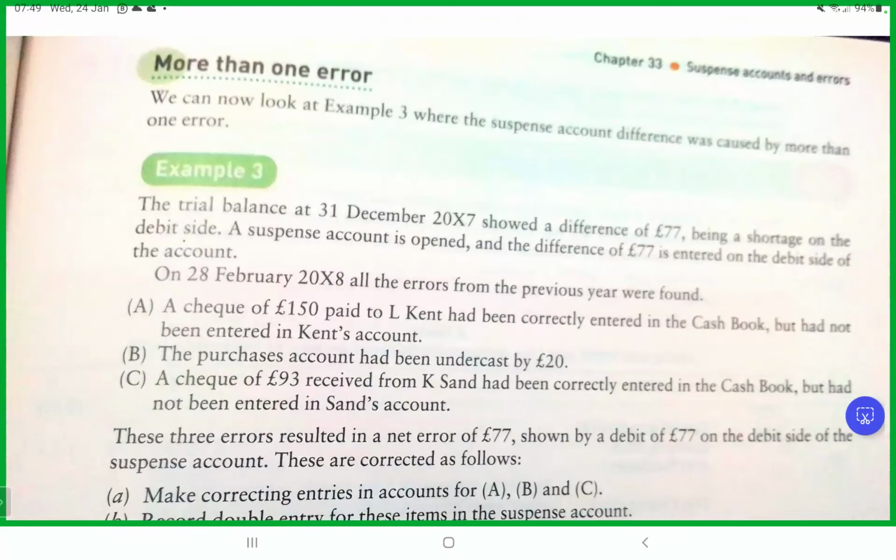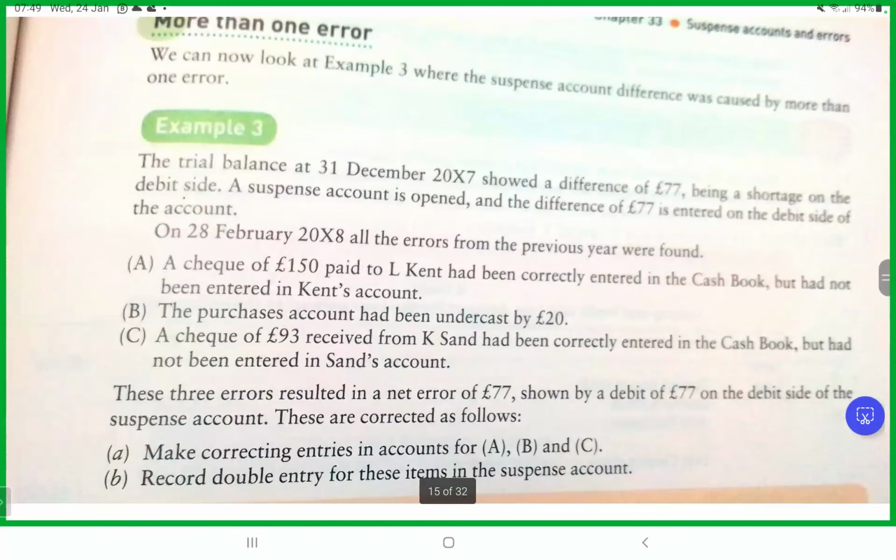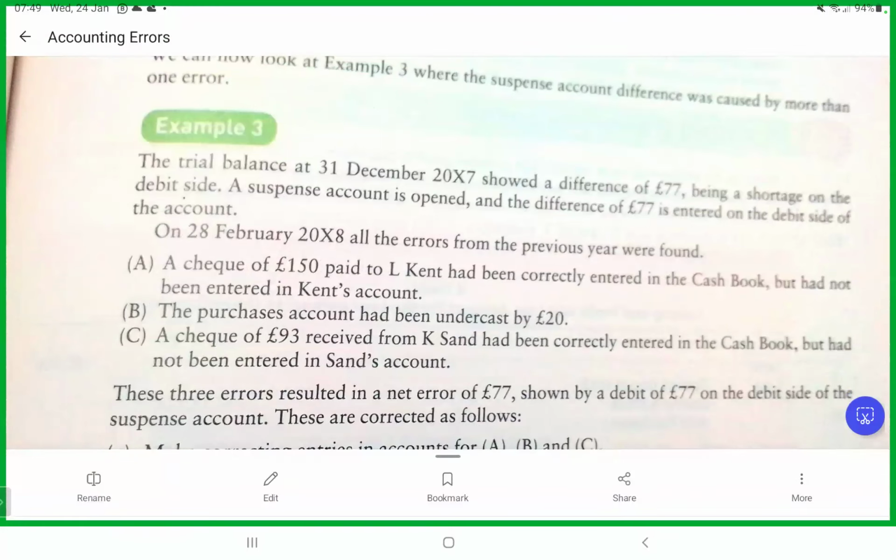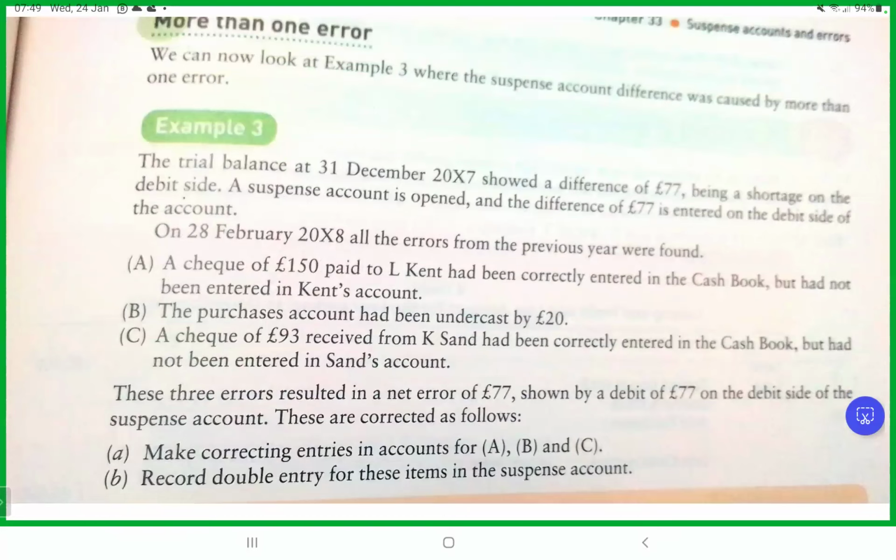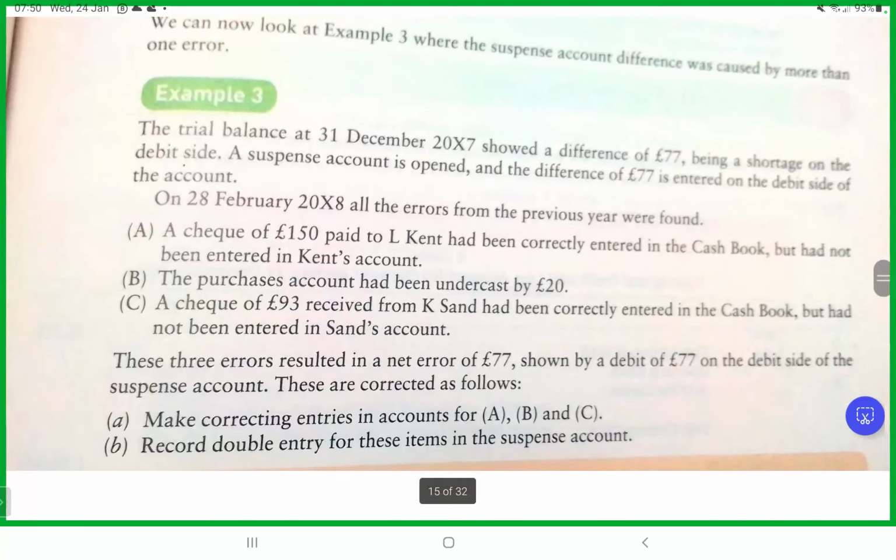Let's continue now. Question number 3, and example number 3 is reading: The trial balance at 31st December 2017 showed a difference of 77 pounds, being a shortage on the debit side.